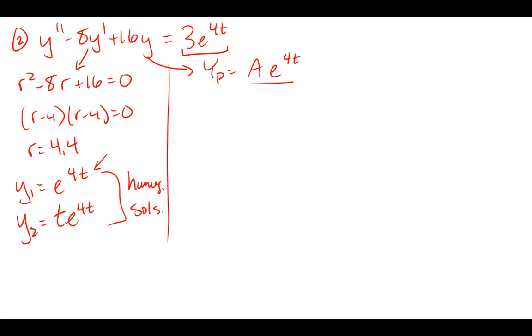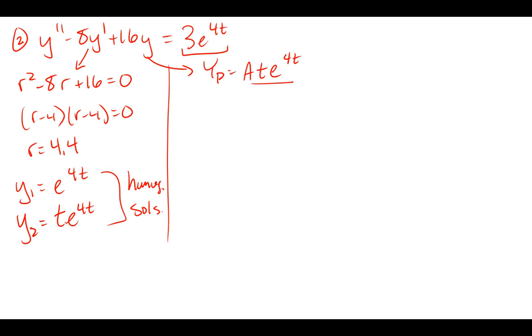Okay, so just like the last problem that we just did, if I multiply by t, that seemed to get us out of trouble last time. But now, let's be a little bit more careful here.